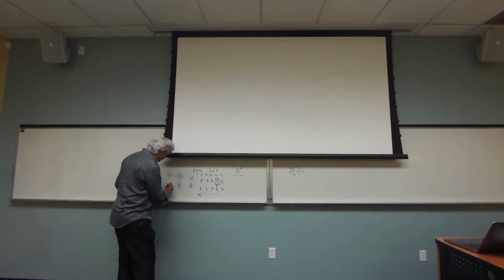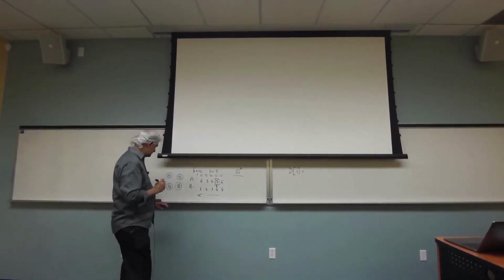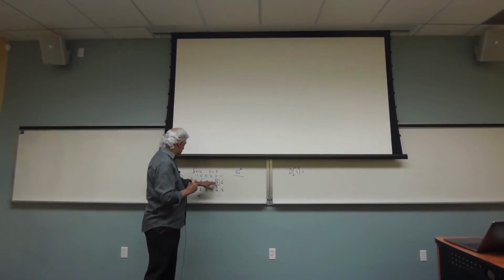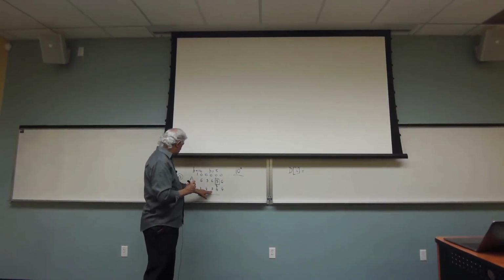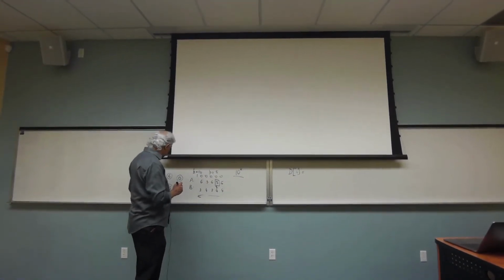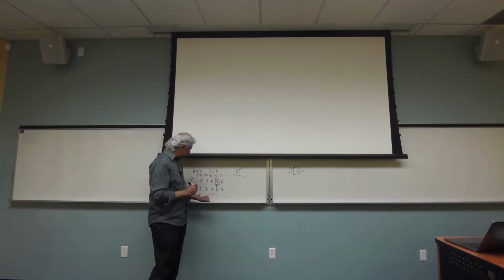It is 14, is it? Wait, so 4 gets transferred. This becomes 6, 6 gets transferred. This becomes 4. So 4 gets transferred. Actually, I added this wrong then, right? Because 4 gets transferred, then, oh, I see.